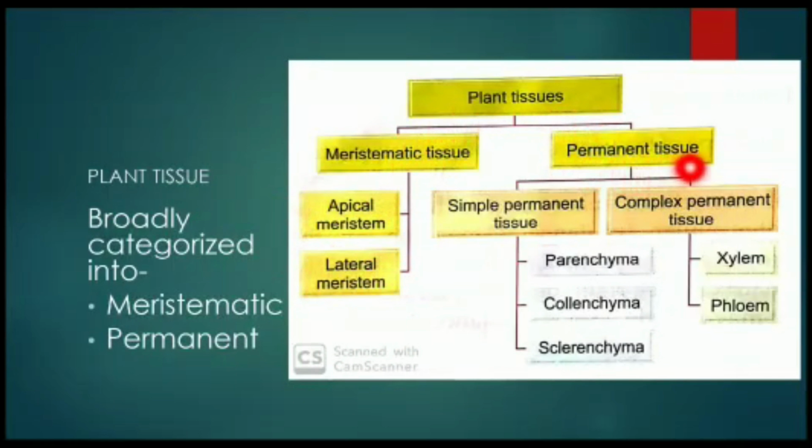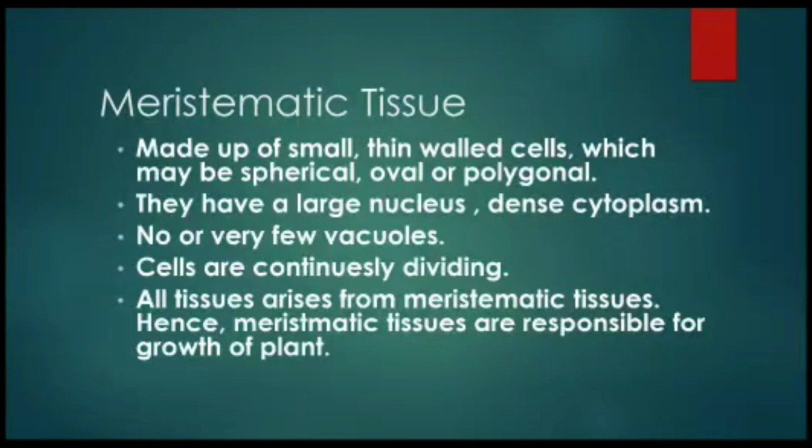Another one is permanent tissue, which has simple permanent tissue, which again includes parenchyma, collenchyma, sclerenchyma, and complex permanent tissue, which includes xylem and phloem.